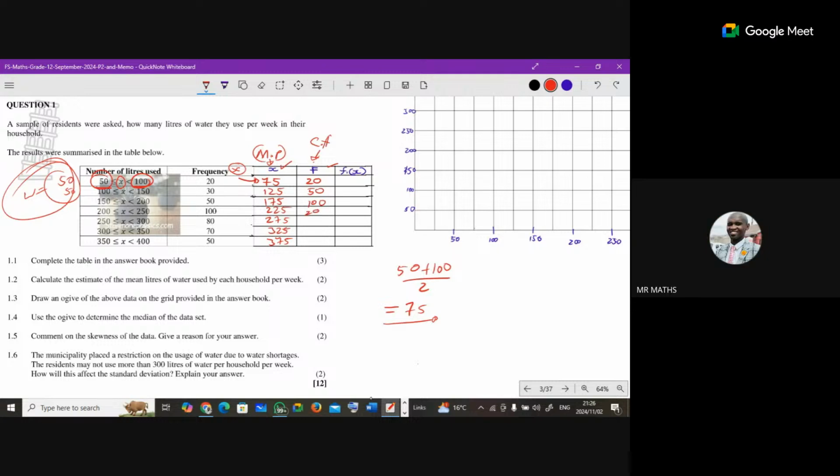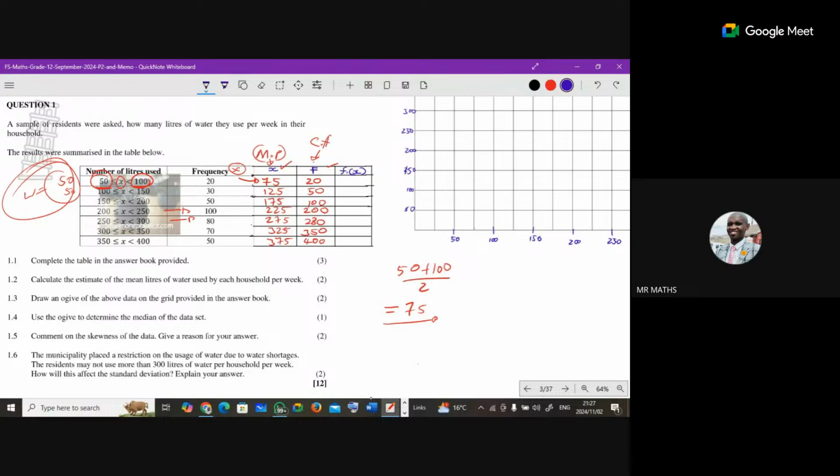Then 100 plus 80, 200. Then sibe ngona siza ku 80, 280, right? Plus 70, being 350. Plus 50, 400. Okay.